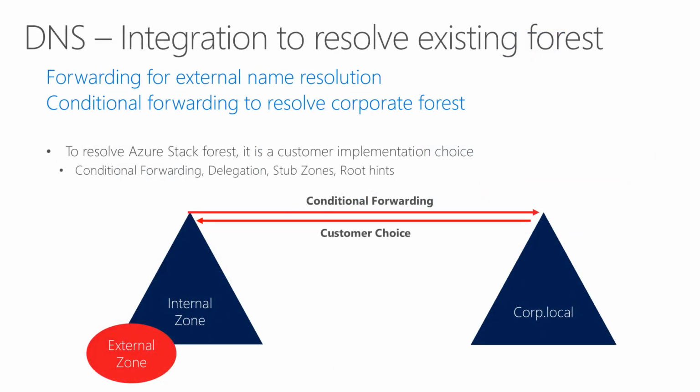Again, for data center integration, it's important that your scale unit has this external DNS zone that can be resolved for data center network capabilities. It can use a wide variety of DNS resolution methods: conditional forwarding, delegation, stub zones, root hints, and conditional forwarding is used by the Azure Stack to resolve the customer's corporate DNS by default.